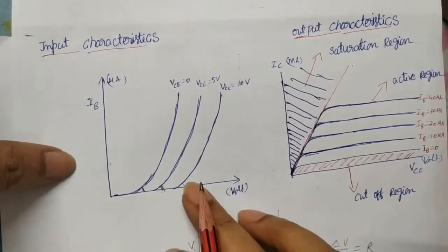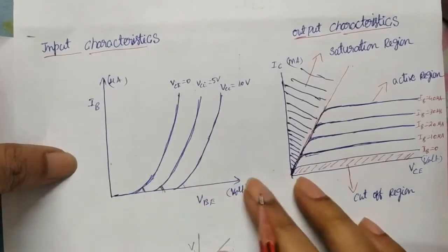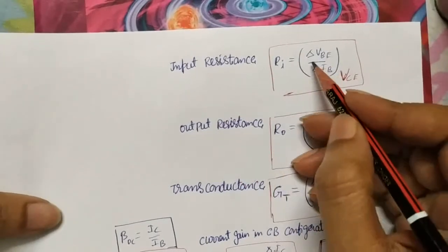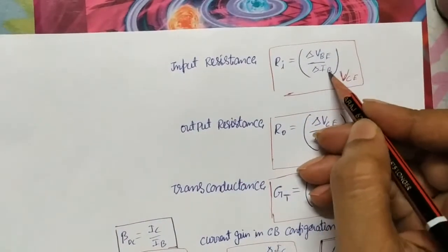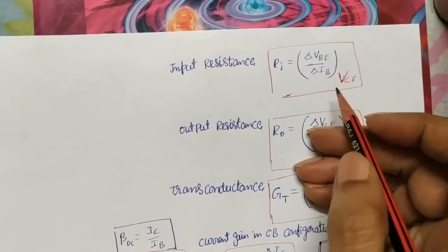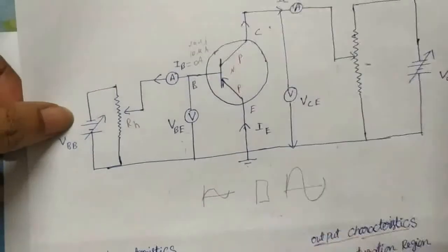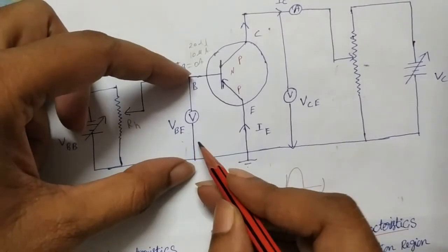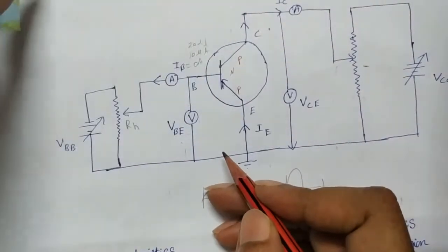So to calculate resistance at any particular point, we use the input resistance, which is equal to change in the input voltage by change in input current. What is input voltage and input current? You see that IB is the input current, and VBE is the input voltage. So potential by current.